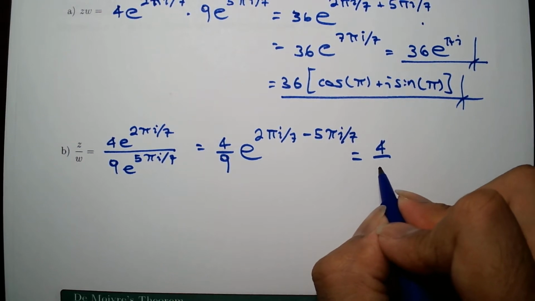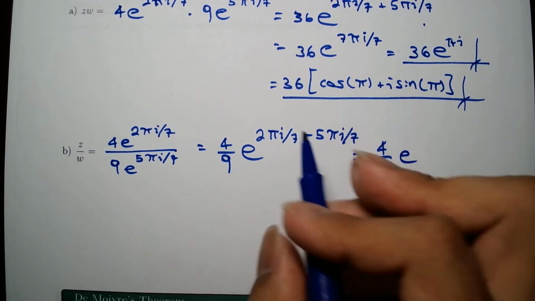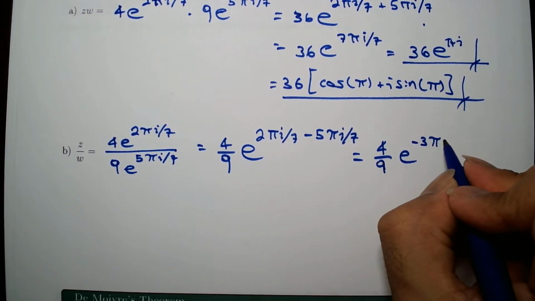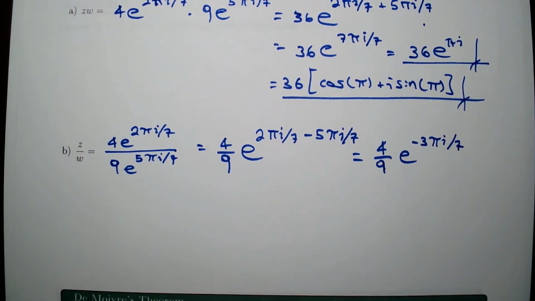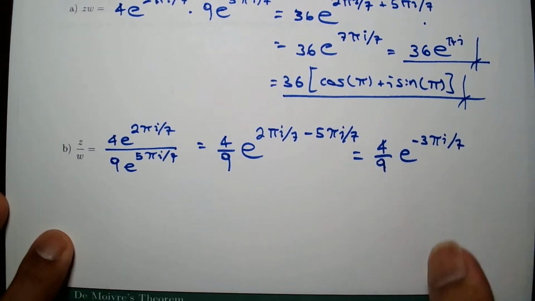So in this case, 4/9 e to the 2 minus 5, that's negative 3 pi i over 7. Of course, that's what it is. However, we have a problem here. What's the problem with this?